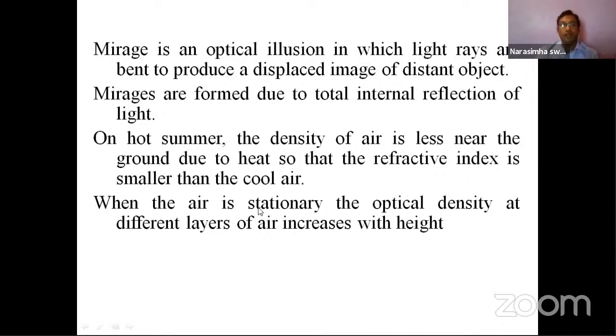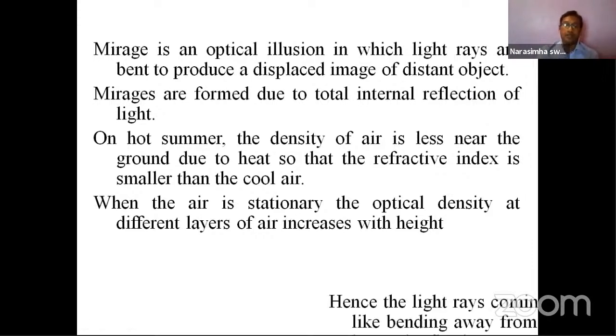Near the ground, density is small. As you move upward, density increases. If density increases, velocity of light decreases.